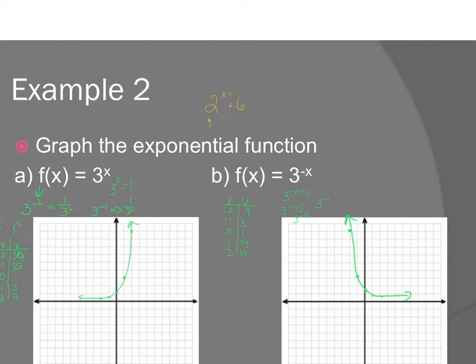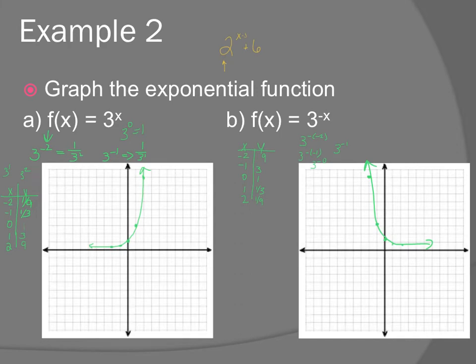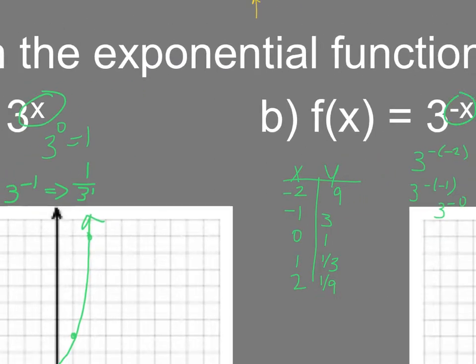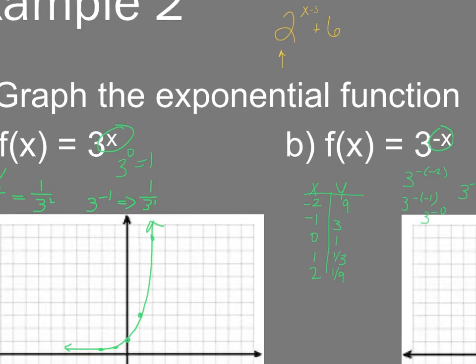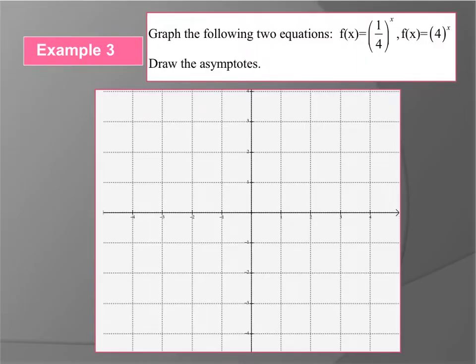Flipped. Good. It flipped over which axis? The Y. It went from the right-hand side to the left. Did you already know that was going to do that, with our transformations? Yes. Because you have a negative with the X. So you would think it would flip over the X, but it really flips over the Y. Good. Very good.